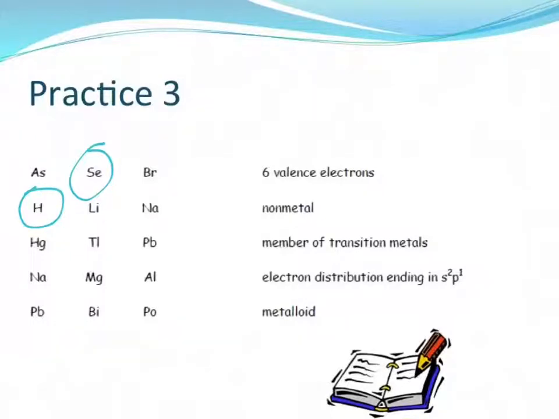80, 81, and 82. Look at your periodic table. Member of the transition metals. Hg. Electron distribution ending in s2p1. Sodium, magnesium, and aluminum. Enrique, choose somebody. Reichel. 11, 12, and 13.